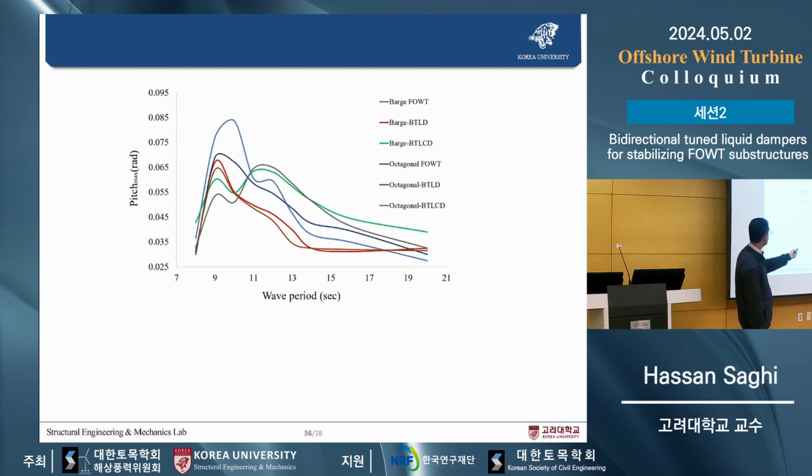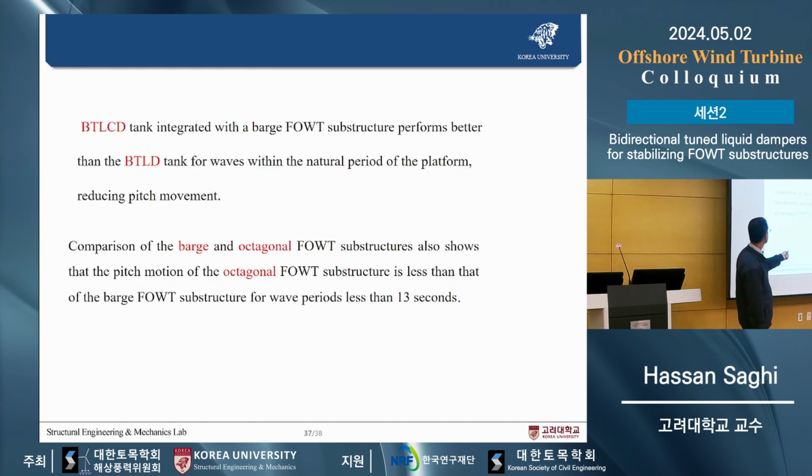We can interpret and discuss a lot about this figure. For example, I summarize only some results. BTLCD integrated with a barge substructure performed better than BTLD, however, only for waves within the natural period. In general, BTLD is better, but for wave periods very close to the natural period, BTLCD is better.